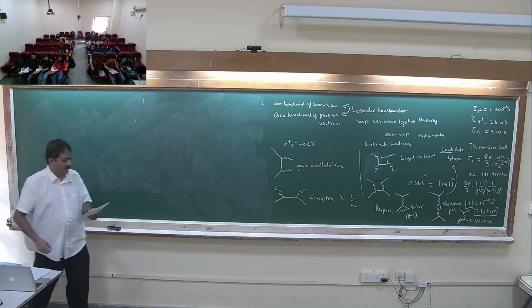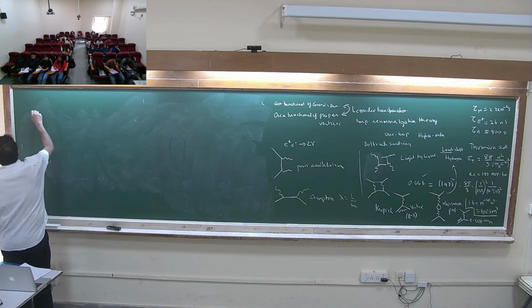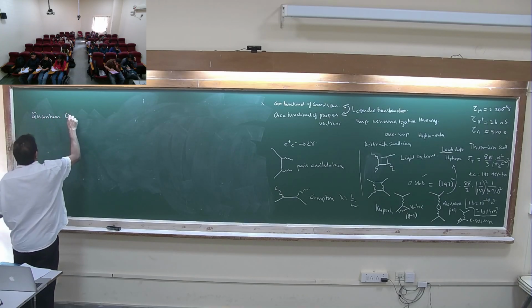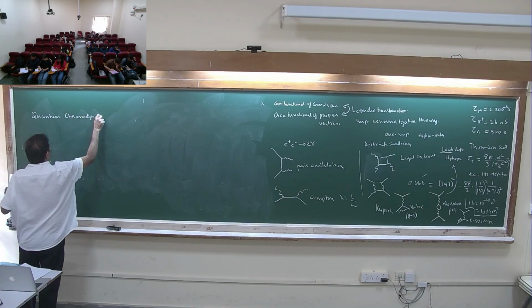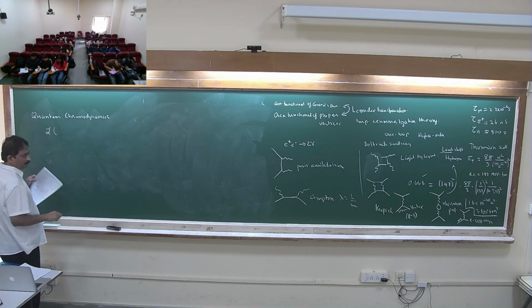So if you now went to quantum chromodynamics instead, which is a theory of what? Quantum chromodynamics, the microscopic Lagrangian, is the theory of what and what?